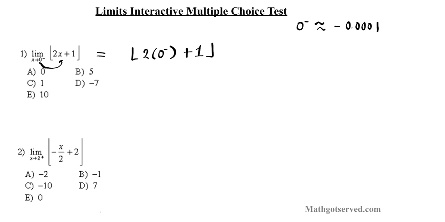If you think about your number line, and you have 0 right here, 0 from the left is a number that's really close to 0 from the left-hand side, something like this. So what happens when you double this? You end up with a negative number that's really close to 0 from the left also. So this is still going to be 0 from the left plus 1.